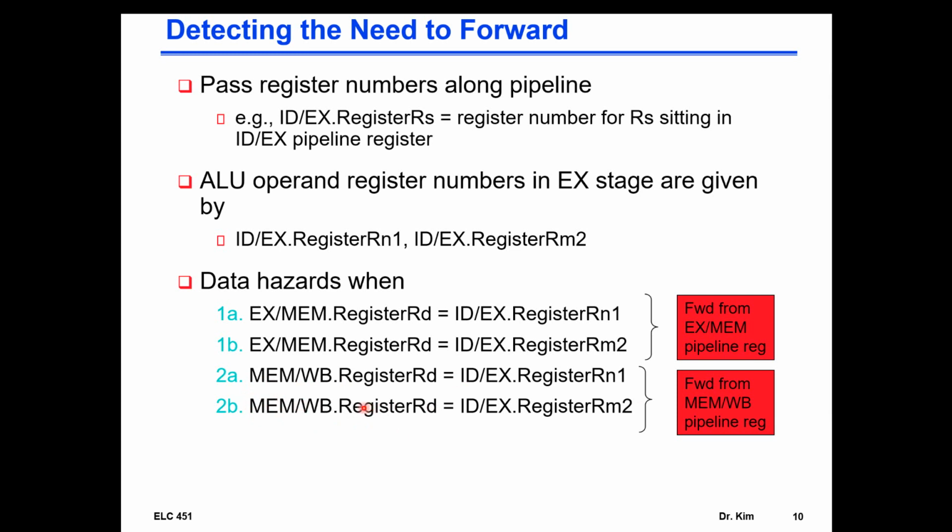And also when the destination in this boundary register, memory write-back, is equal to the second source in the instruction decode execution boundary register, we also need to forward from the memory write-back boundary register.